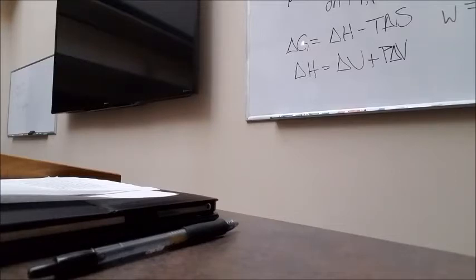Cool. So the next part, we proved that delta G and delta mu are related to each other. That's the first step. The next step is that we have to prove that when mu is negative, delta G is negative. So how would we go about proving that mu is negative? Delta mu equals RT ln C2 over C1.